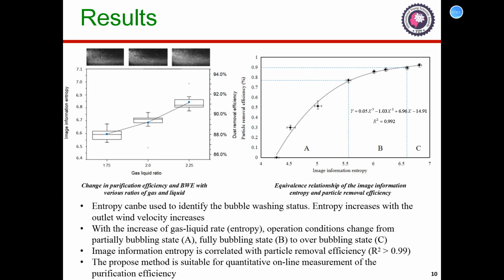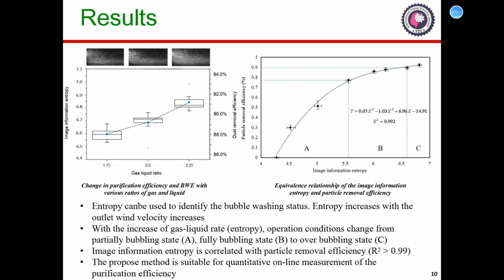And these two pictures are the test result. From the picture, we can see the entropy can be used to identify the bubble working status. When the gas liquid ratio increases, the operation condition changes from the partially bubbling state to a fully bubbling state, and then to the over bubbling state.